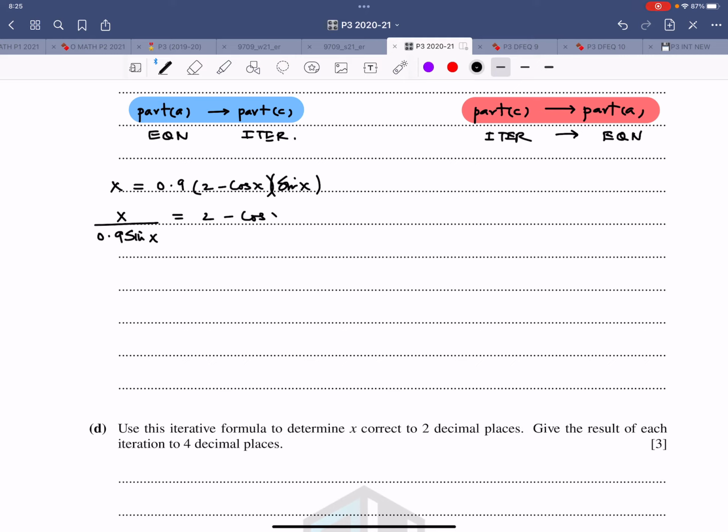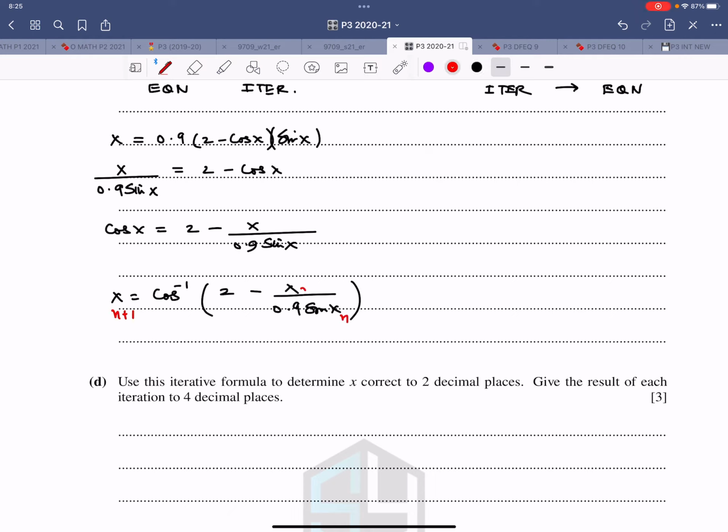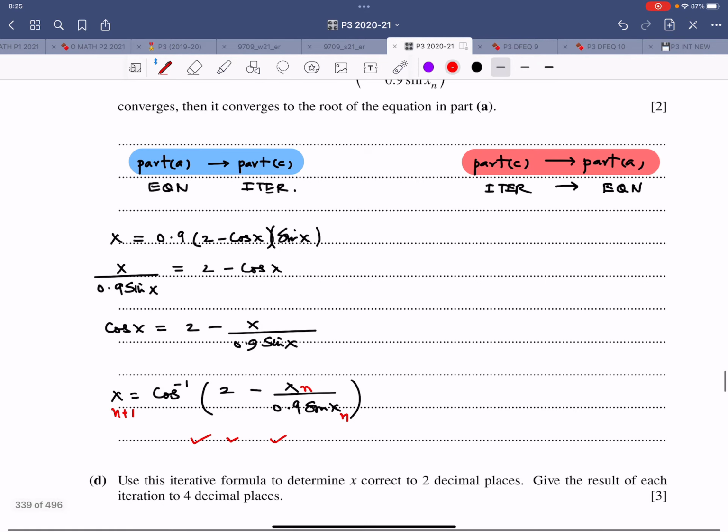Cosine x is 2 minus x over 0.9 sine x. Is that so? Yes, something like this. Therefore, x is cosine inverse of 2 minus x over 0.9 sine x. And then on the left hand side, write the subscript n plus 1. On the right hand side, write n. And this is how you show the conversion from equation to the iterative formula.